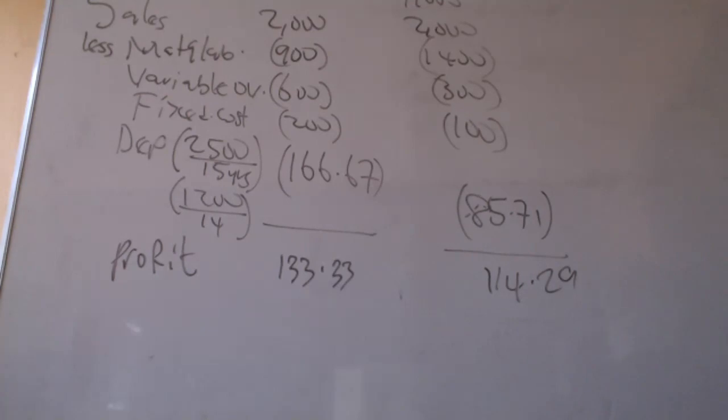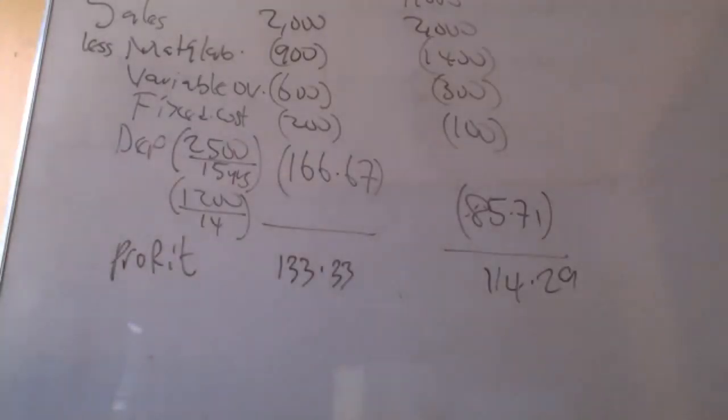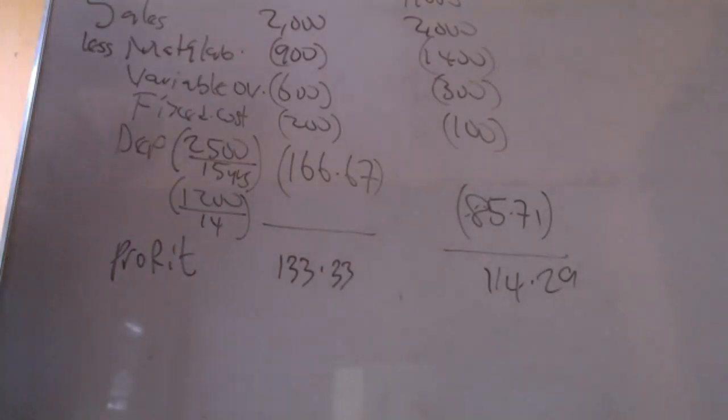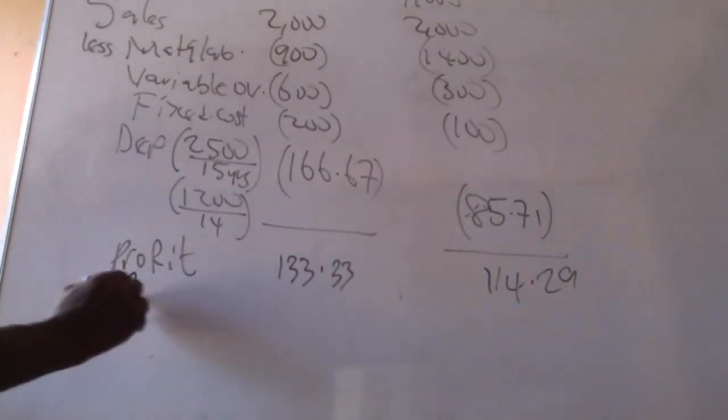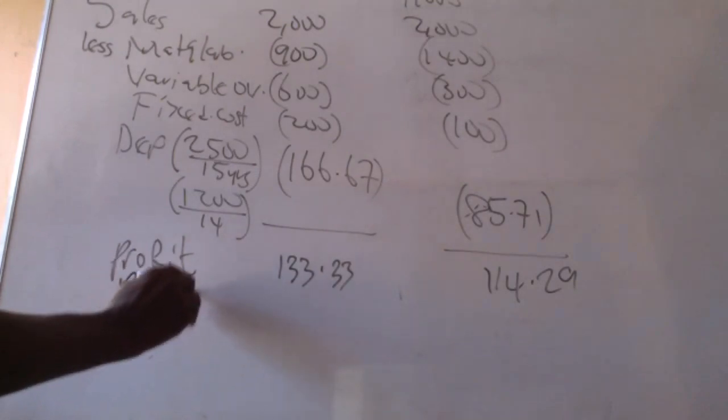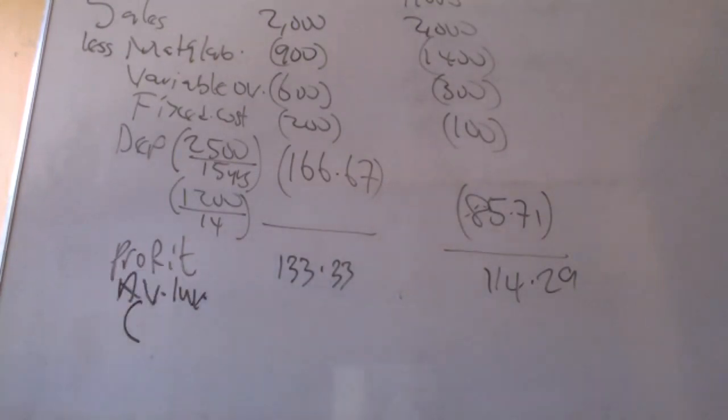Okay, if no answer, then I will continue and do it here. So average investment will be the initial investment divided by 2 plus the working capital. Here there's no working capital. So you open your bracket nicely.